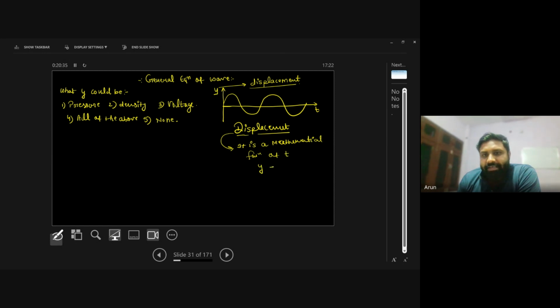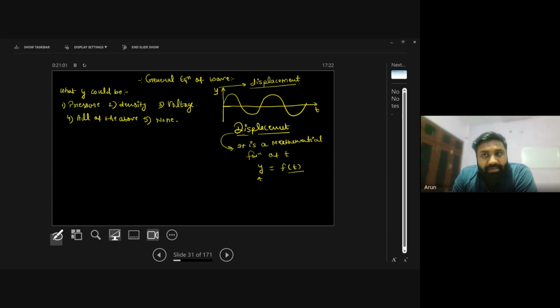Which means y here represents a function which varies with time. If that variation is periodic, this function should be periodic. But what is the key fact here?